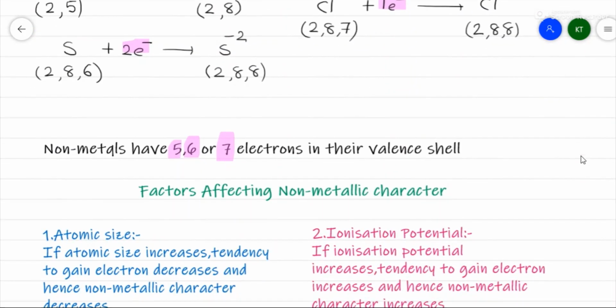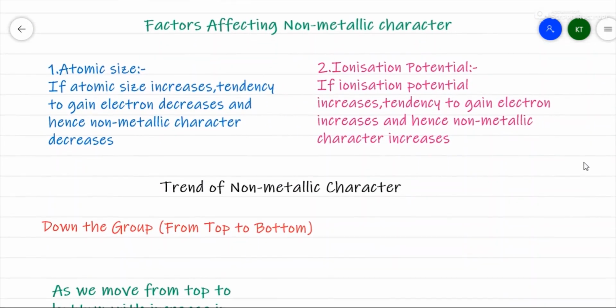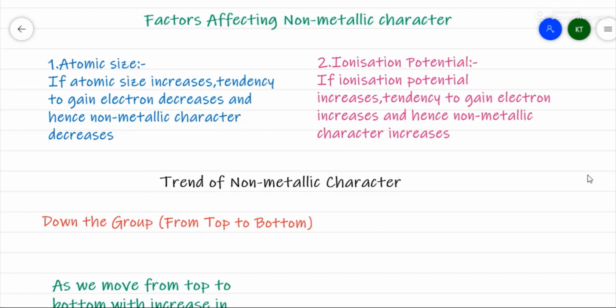Now, let us see the factors on which non-metallic character depends. First is atomic size and second is ionization potential.